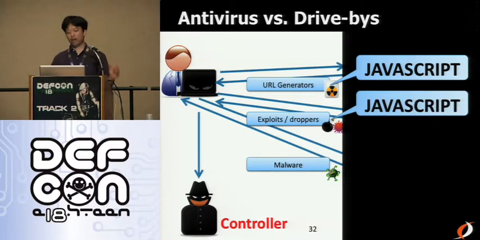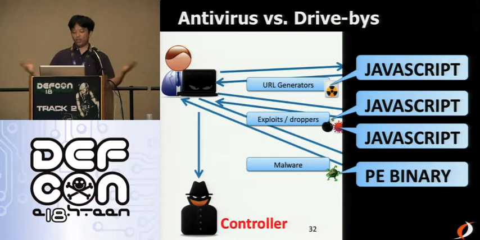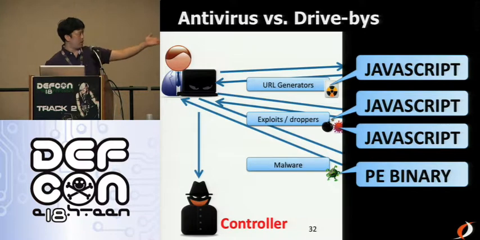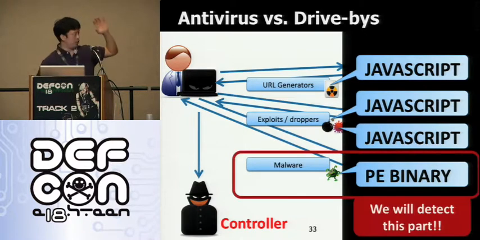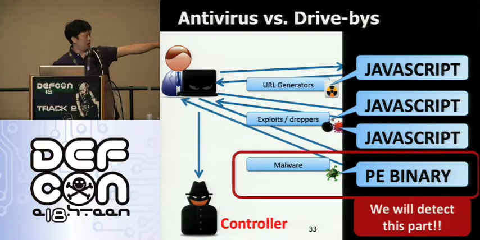And so, according to their explanation, as you can see, in our drive-by download process, the URL generator is JavaScript, the exploits are JavaScript, the malware itself is the PE binary, and this is what they said: well, we'll detect this part. So during the drive-by download detection process, if in the end that's going to exist, we're going to detect that.